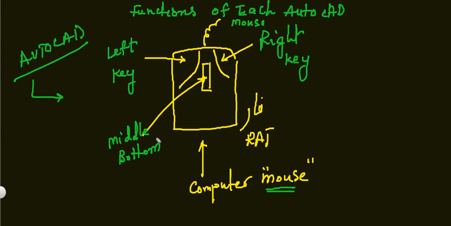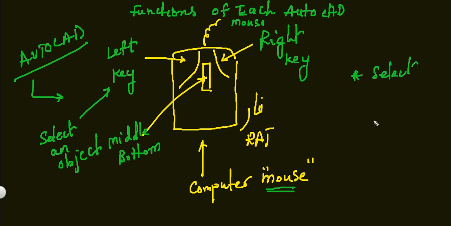Anyway, the left key is basically used to select an object. So you click once, that means select an object. Generally your mouse is like this. This is called your cursor. Some people call it crosshair.